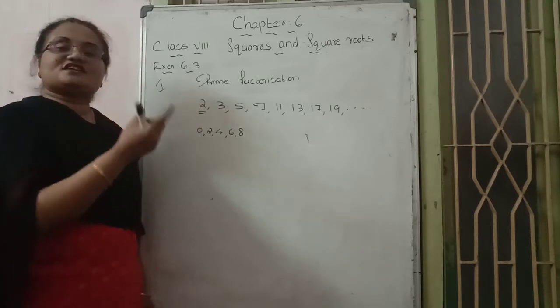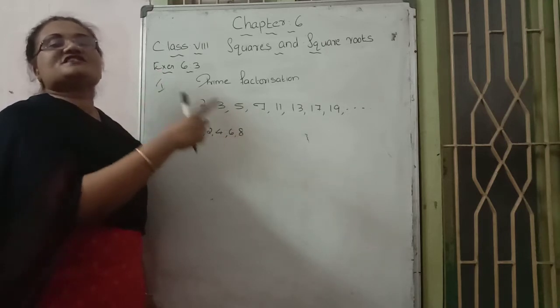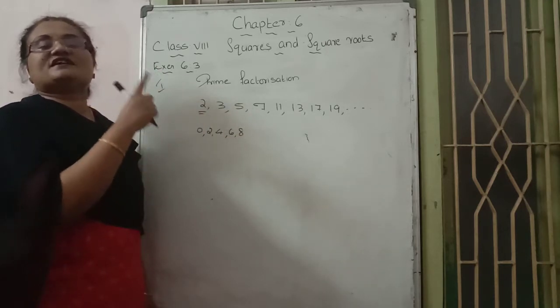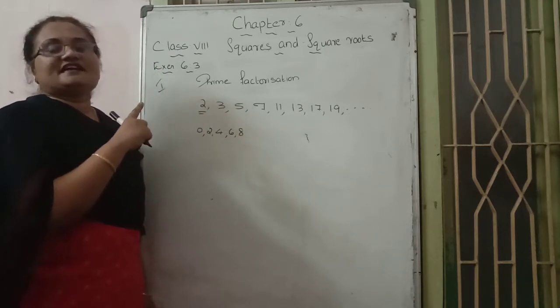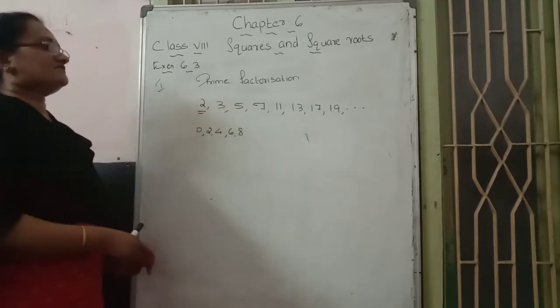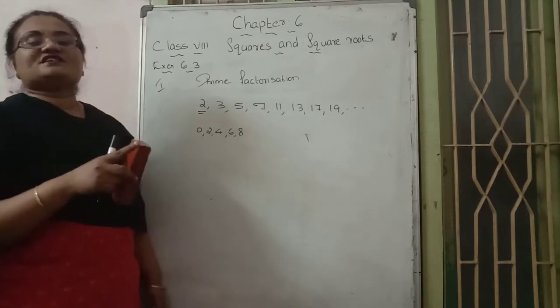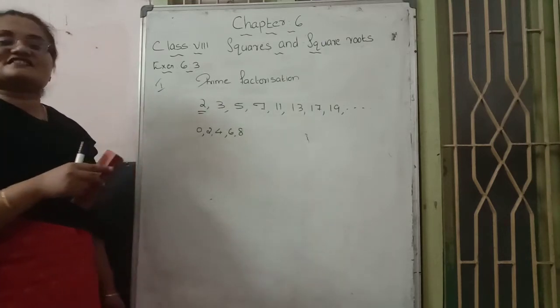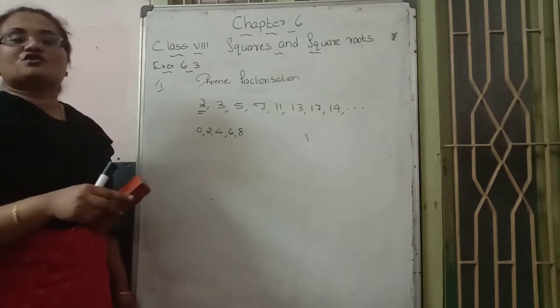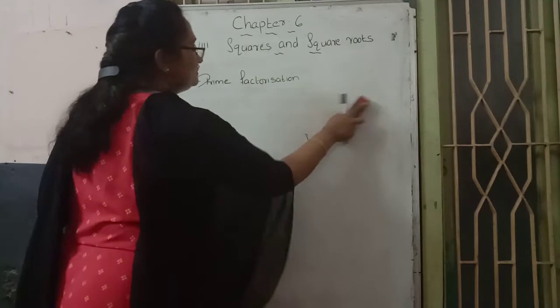Next, the divisibility test of 5: if the number ends with 0 or 5, it is divisible by 5. Using these divisibility tests, the method of doing prime factorization to find the square root is known as the prime factorization method.